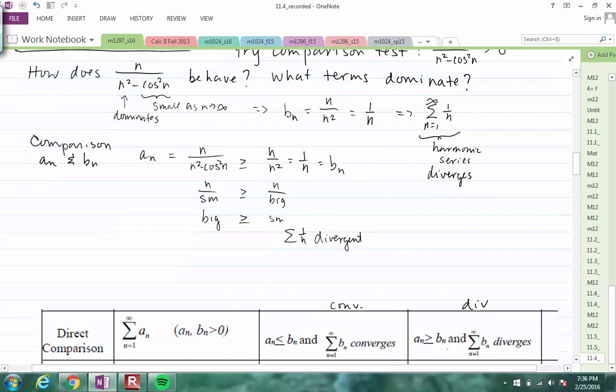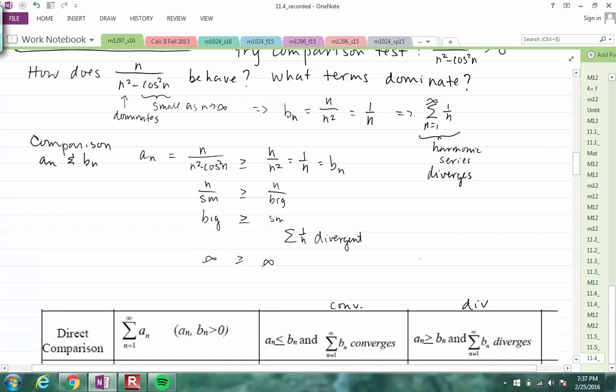Because our a sub n is greater than or equal to b sub n, and our series of b sub n is divergent, we can conclude, because this is in the divergent column, that our series a sub n also diverges. The idea is we have our a sub n term being even bigger, potentially, than the b sub n, and its series diverges. So certainly this one will too, because we always have positive terms. It's going to infinity, and then this one's also going to be going to infinity.